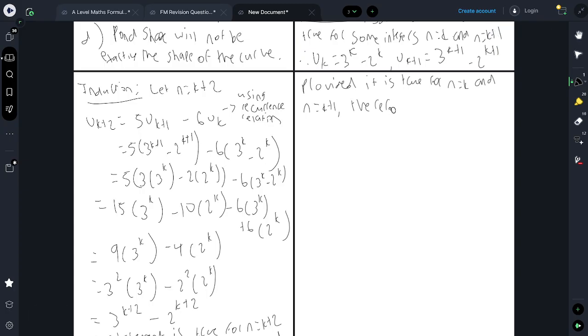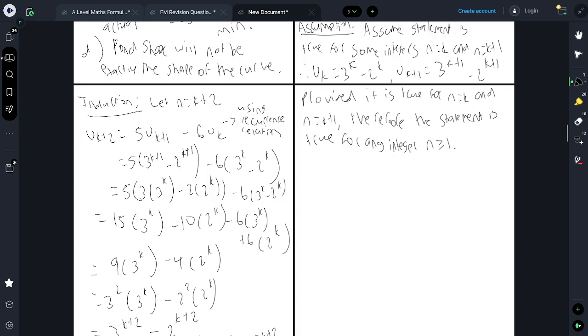Therefore, the statement has to be true for any integer n greater than or equal to 1. Cool, so that's that then.